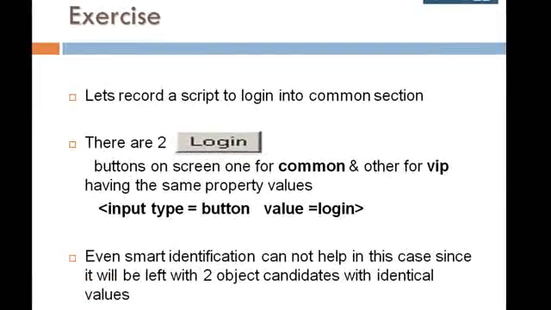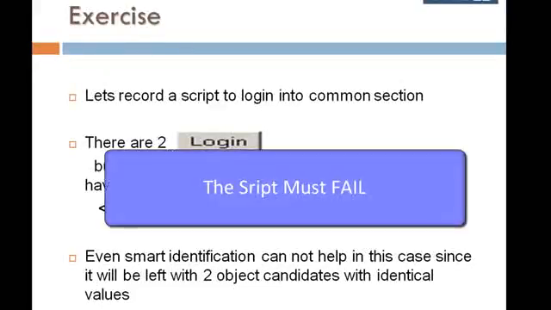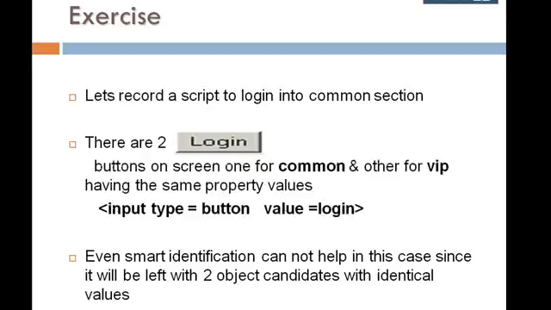Even smart identification cannot help in this case, since it will be left with 2 object candidates with identical values. Ideally, this script, which is login into comment section, in the current scenario must fail.